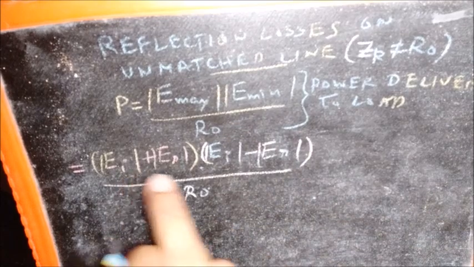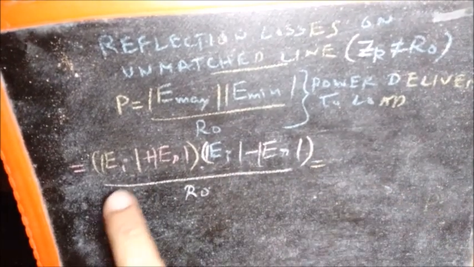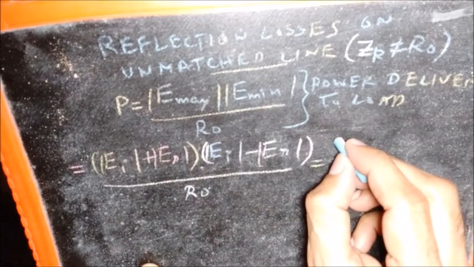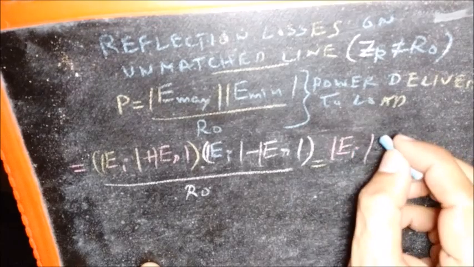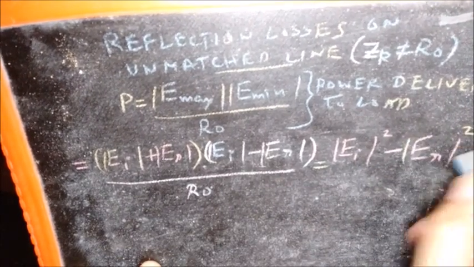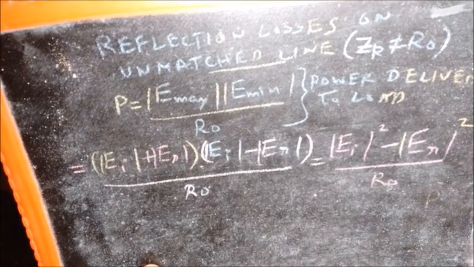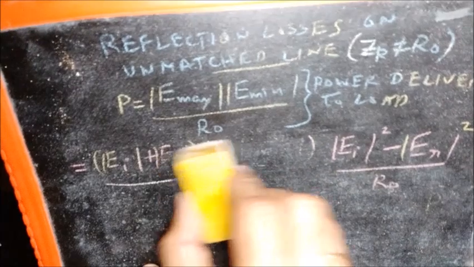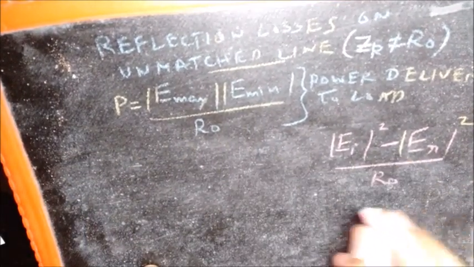We write it like this: E max is this, E min is this. And this becomes equal to A plus B into A minus B. If you use that, it becomes equal to this over R naught. This is the power delivered to the load.